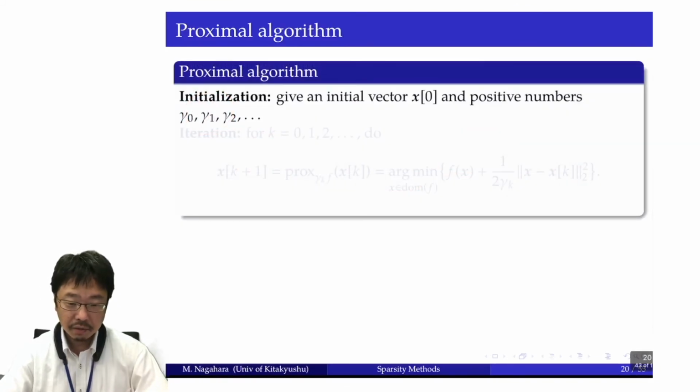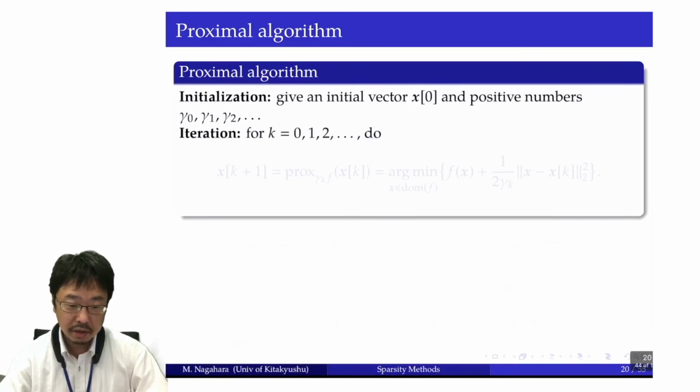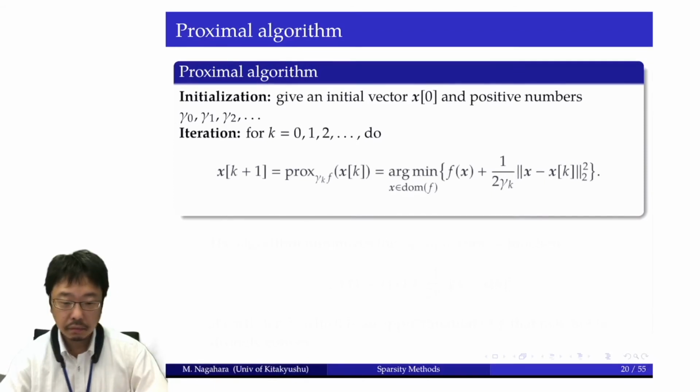Now we describe the proximal algorithm using the proximal operator. As initialization, give an initial vector x0 and positive numbers gamma 0, gamma 1, gamma 2, and so on. Then iteration. For k is 0, 1, 2, do xk plus 1 is equal to prox gamma k f xk.